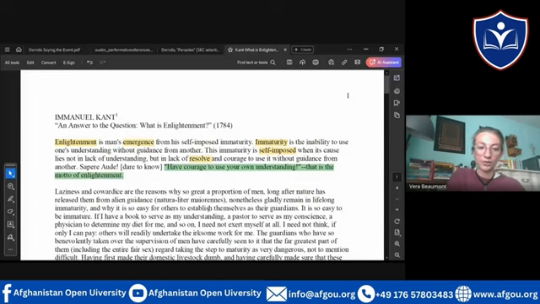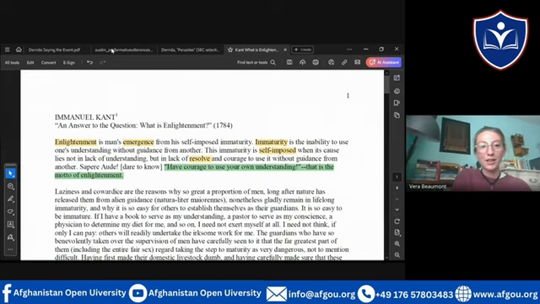So let's look here. Now that we've highlighted some words that we need defined, we can open up either the dictionary that you have physically or that you have online, and start looking up these words. So let's look at the dictionary now, and let's start with enlightenment, because that's the first word that's used.